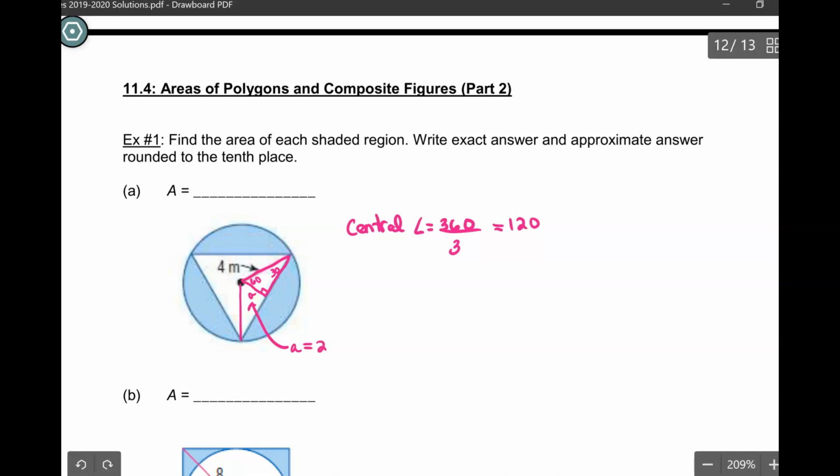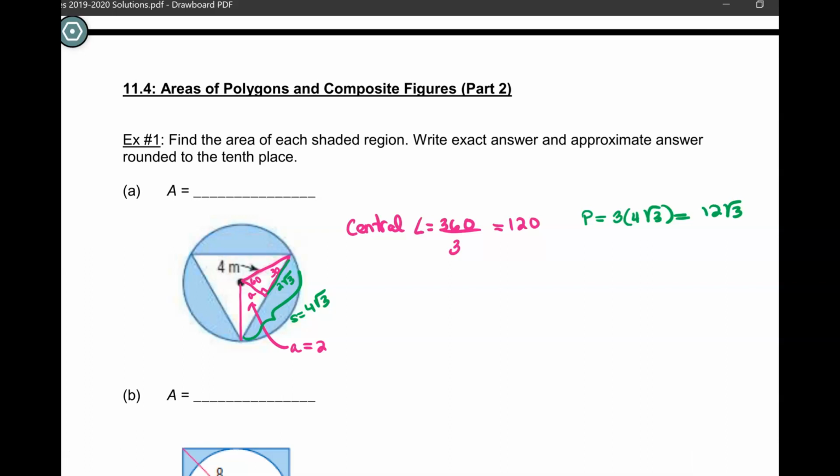Then the longer leg here will be 2 root 3, which makes one side double that, so one side will be 4 root 3. Okay, now we have to find the perimeter. So that's going to be 3 times 4 root 3, which is 12 root 3. Okay, so I think we have all the information that we need.